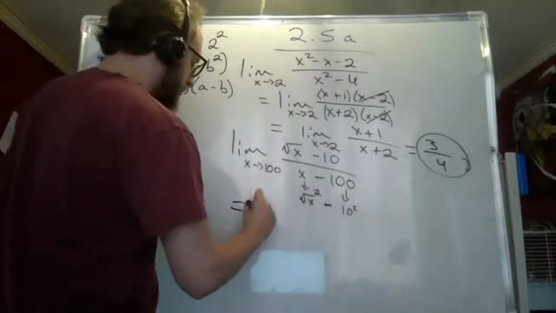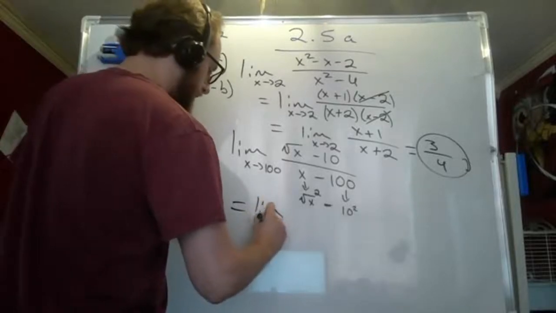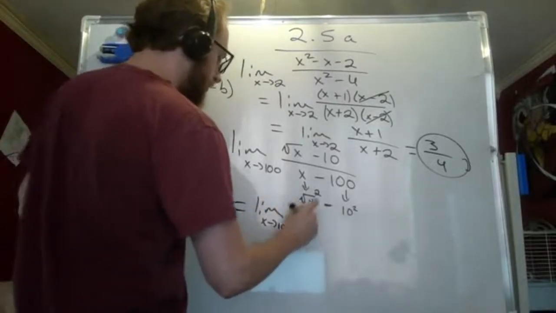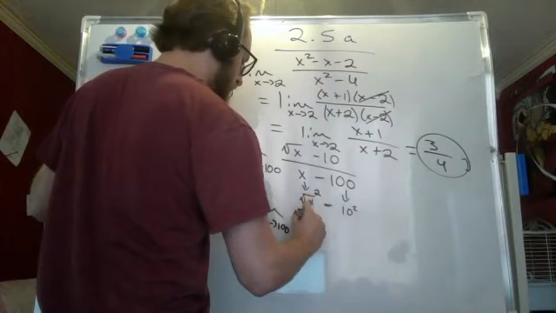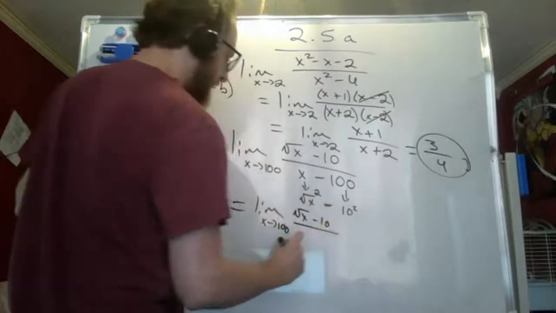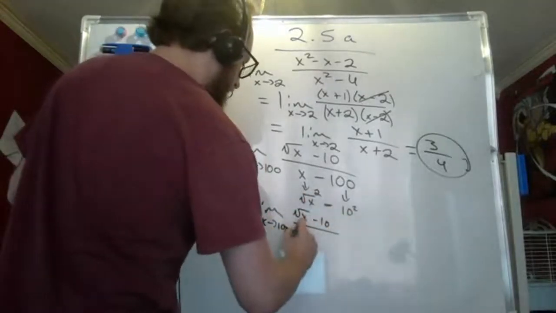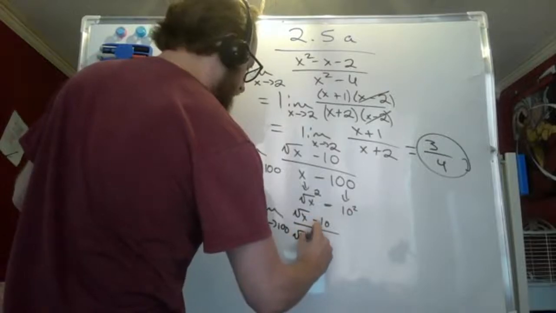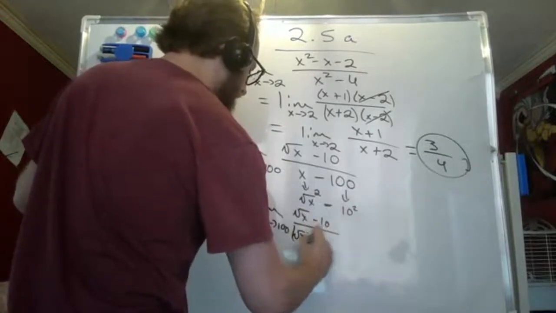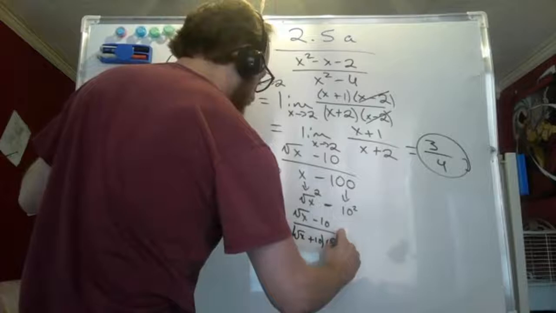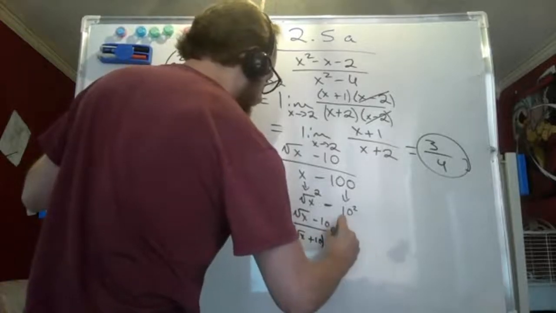So this is equal to the limit as x goes to 100 of the square root of x minus 10 divided by, and by conjugates, the square root of x plus 10 times the square root of x minus 10.